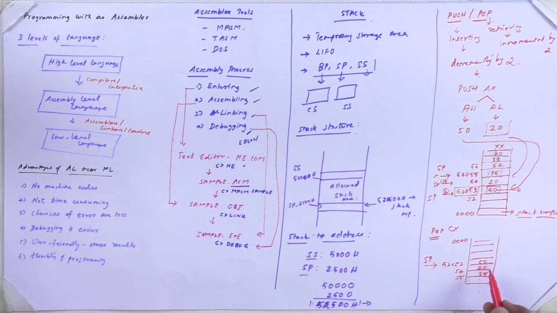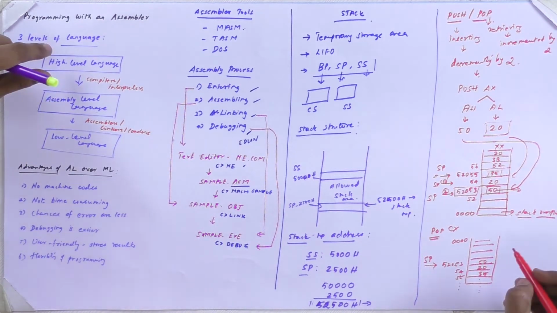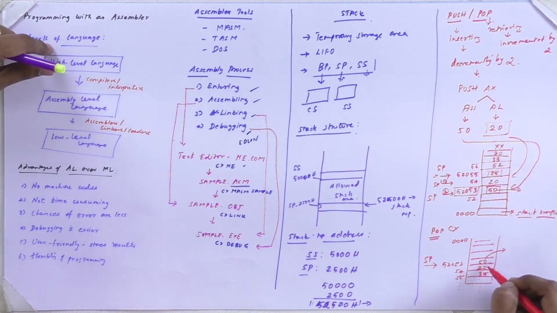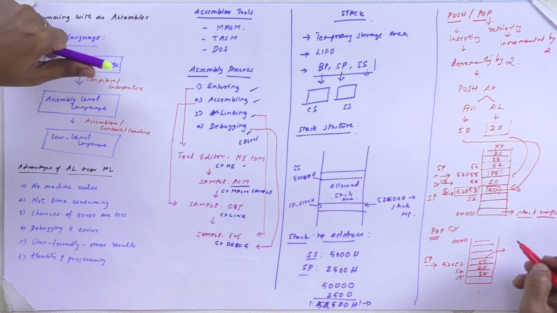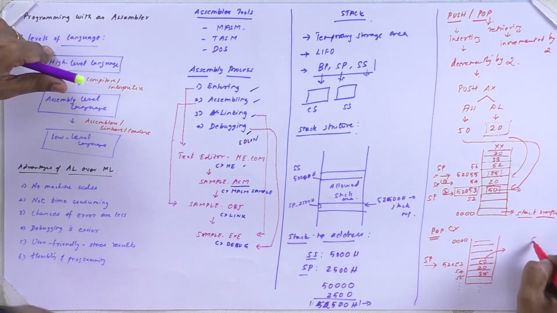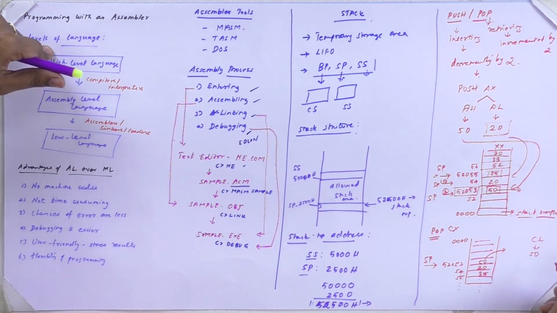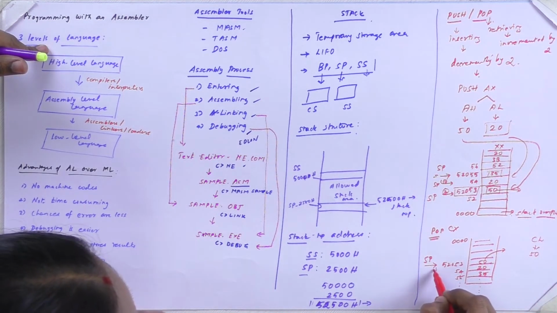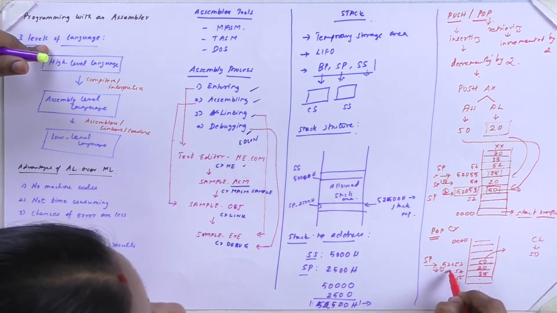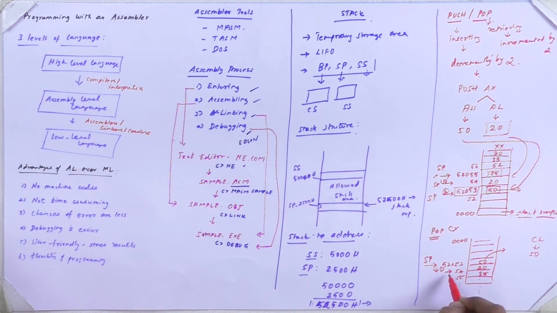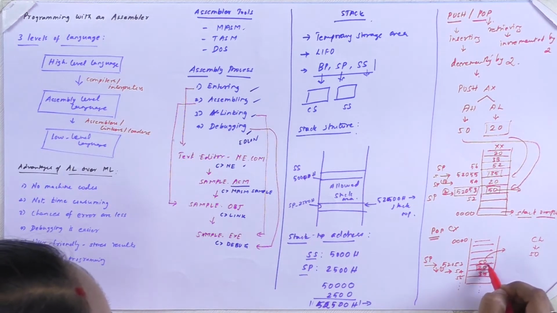Whenever a pop instruction is executed, the processor directly identifies the stack pointer location and retrieves this value, that is 50, and it is loaded into the lower order register of CX, that is CL. Now the stack pointer is incremented by 1 and points to address 52054, which contains the higher order value 20.